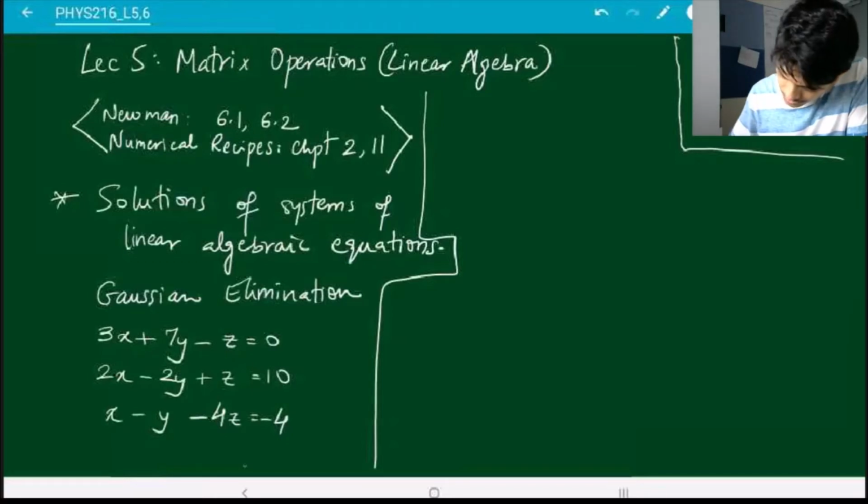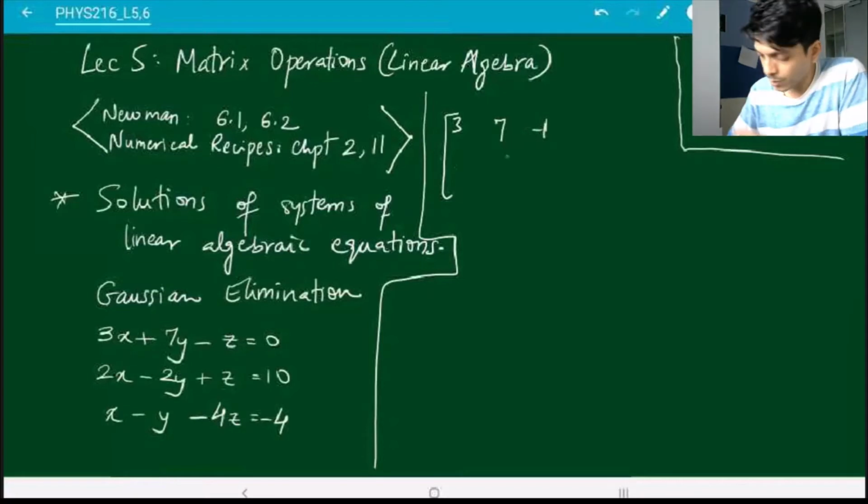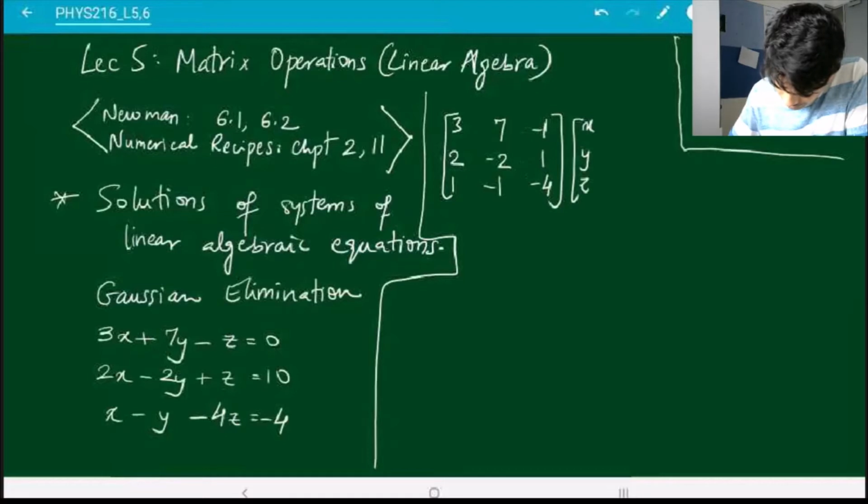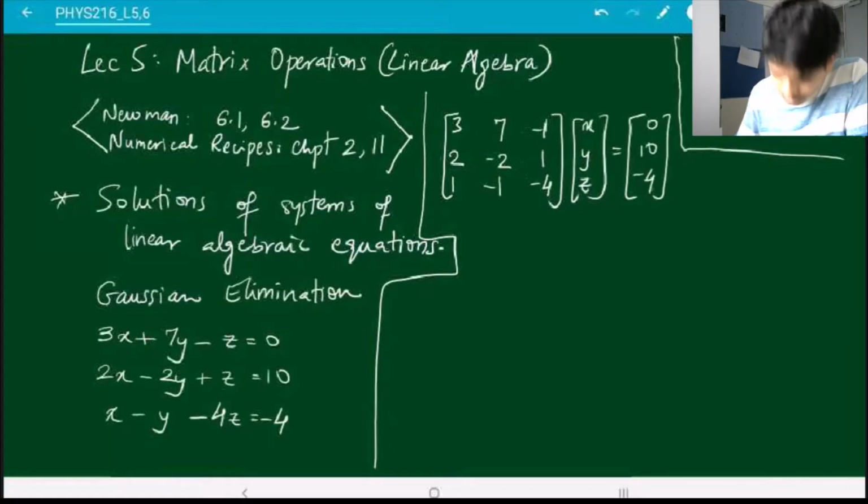So I can write this as, and you can see that this works out, 3, 7, minus 1. So I'm just taking the coefficients of x, y, z in each equation. Then the second equation is 2x minus 2y, 1z. Third is 1 times x minus 1 times y minus 4 times z, multiplied by x, y, z. This gives 0, 10, and minus 4.